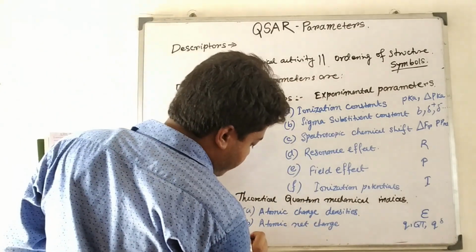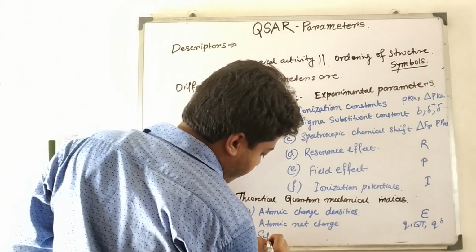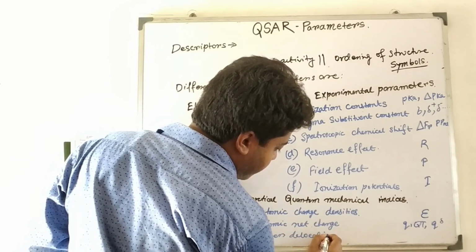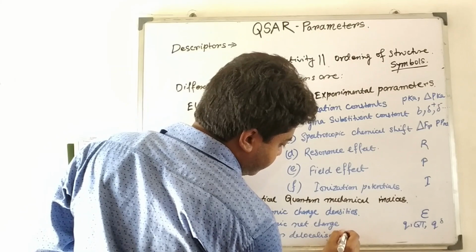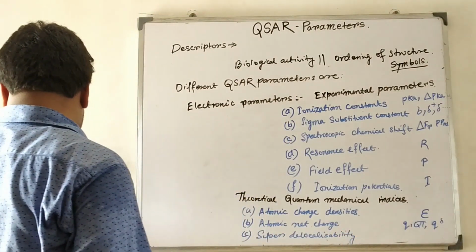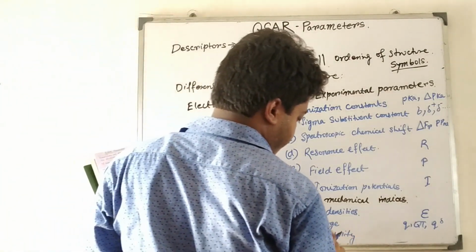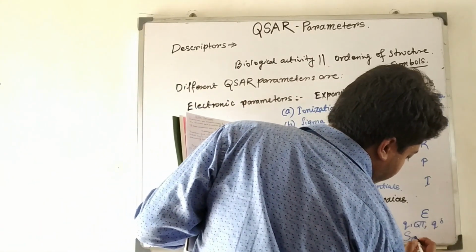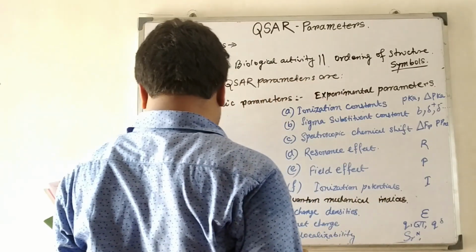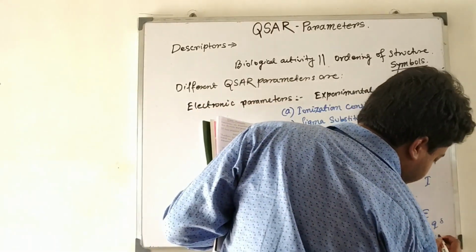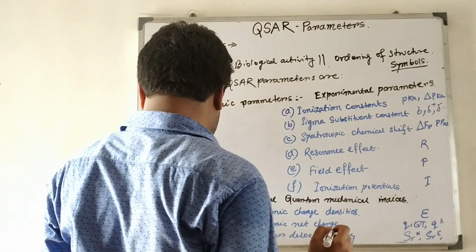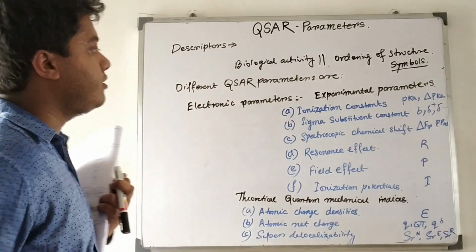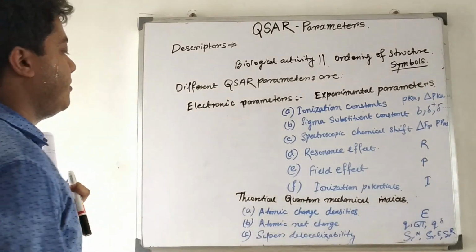Then super-delocalizability, where we have SRE and SRR. So these are the different electronic parameters.